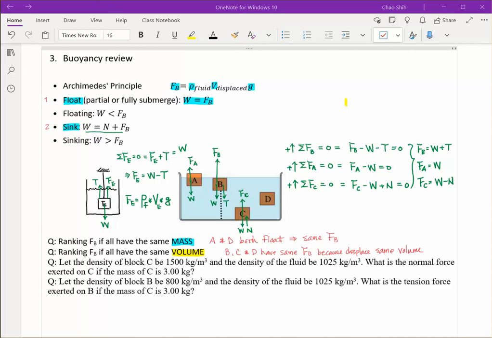We look at block C, and they give you this density. It also gives you the fluid density. And we want to find the normal force if the mass of C is this much. Okay. So block C.